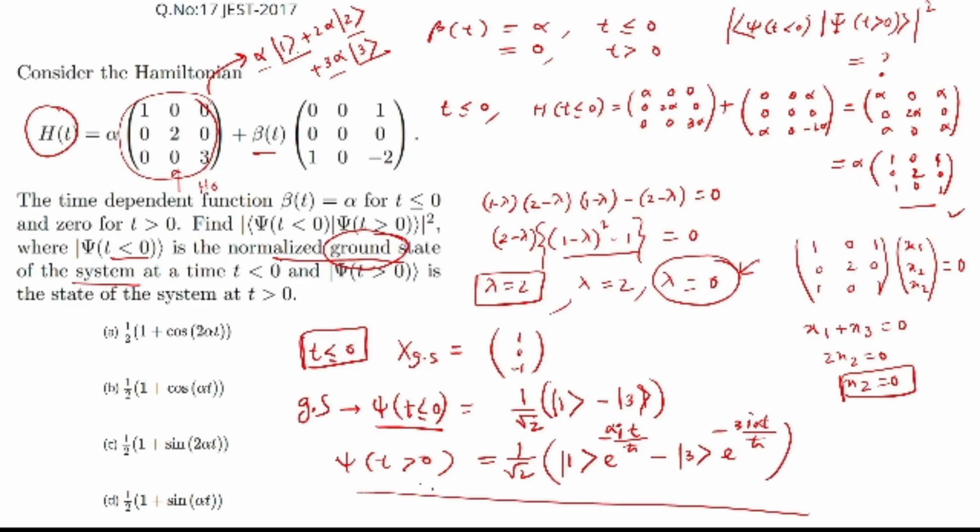So this will be the wave function at t greater than 0. Now we can remove the first part to solve the remaining one.